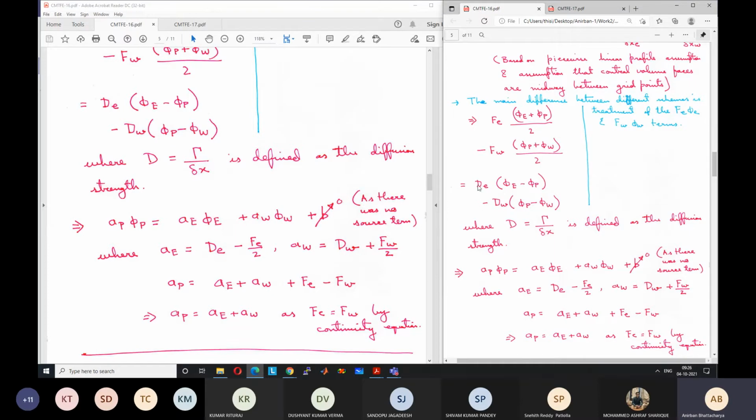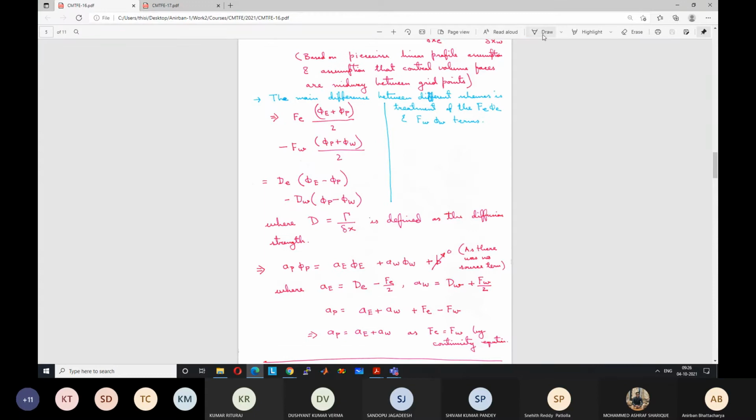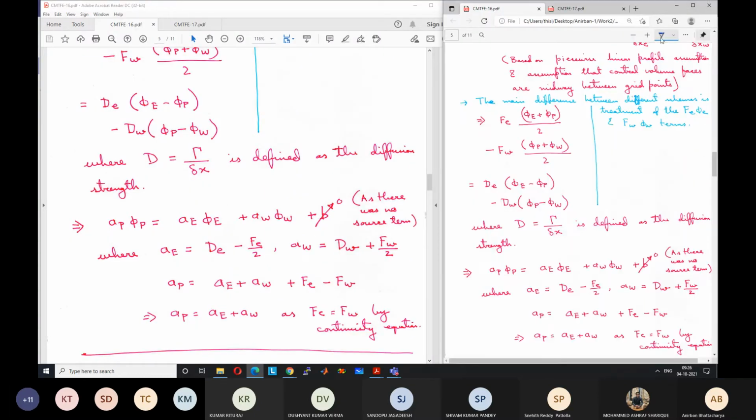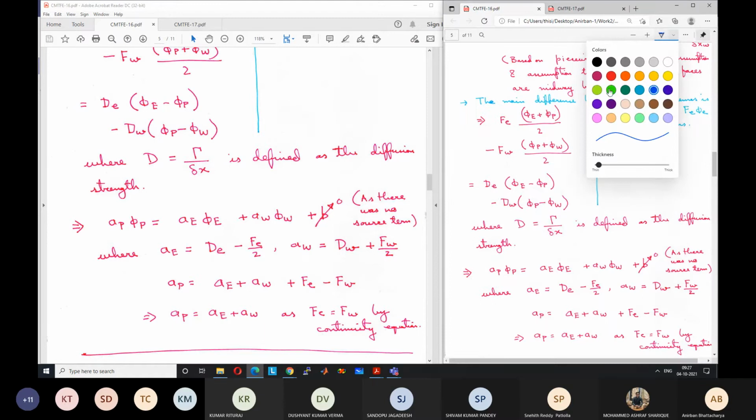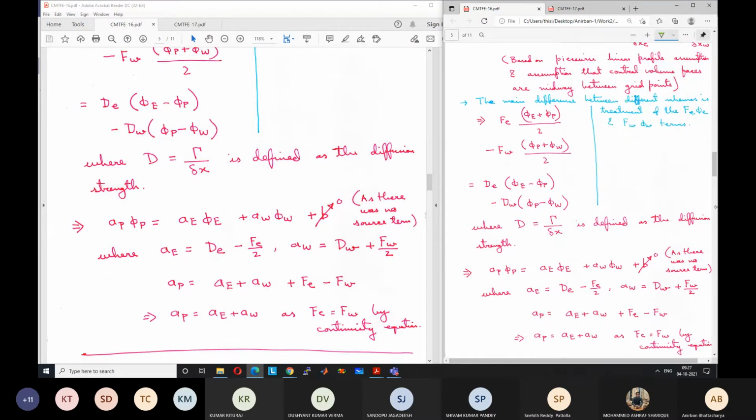On the right hand side, we have DE minus Fe by 2. This will become minus Fe by 2, so DE minus Fe by 2.